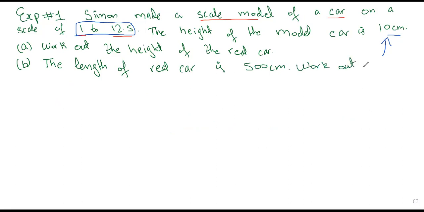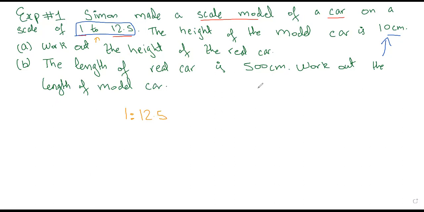Work out the length of model car. Now, obviously, again, we have to refer to the scale 1 ratio 12.5.